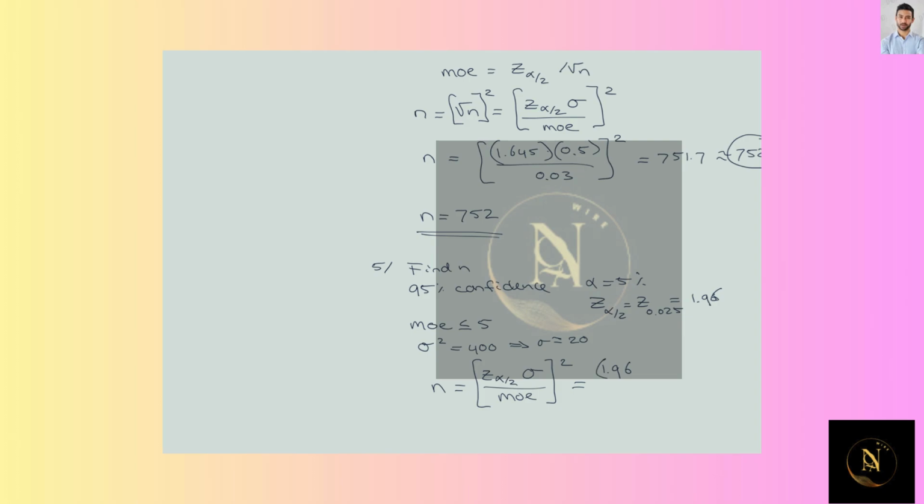So this is 1.96 times 20 divided by the margin of error, which has to be 5 or less, quantity squared. So this is going to be 1.96 times 20 divided by 5, quantity squared, equals 61.46, and that means that the integer above that is our minimum sample size, and has to be 62.